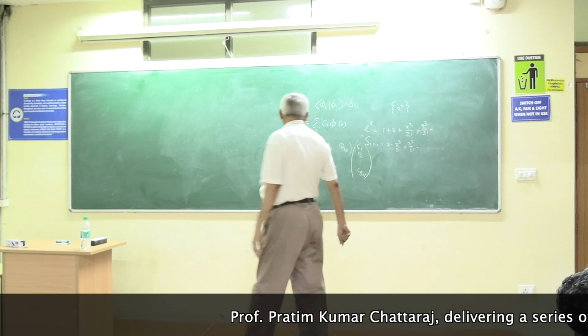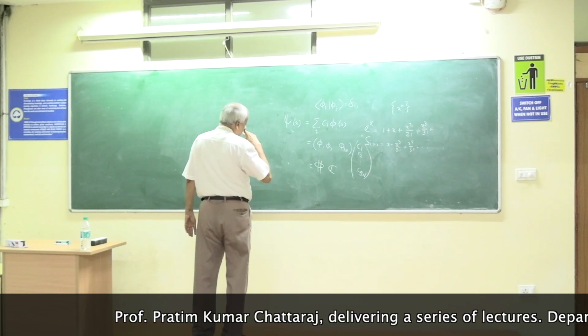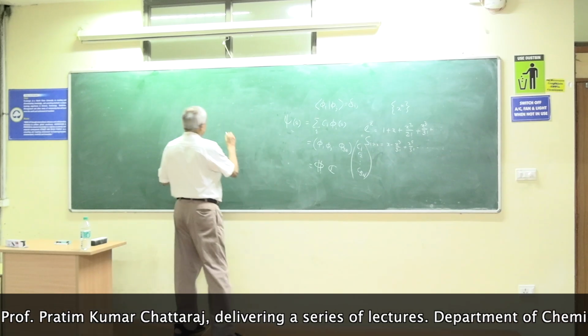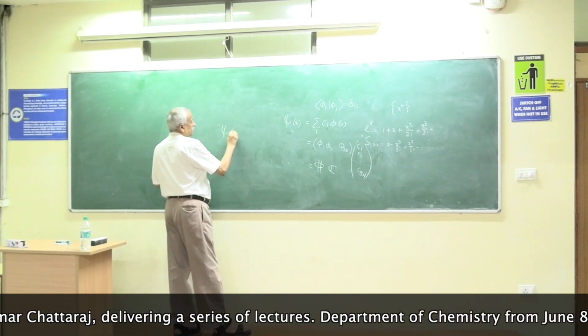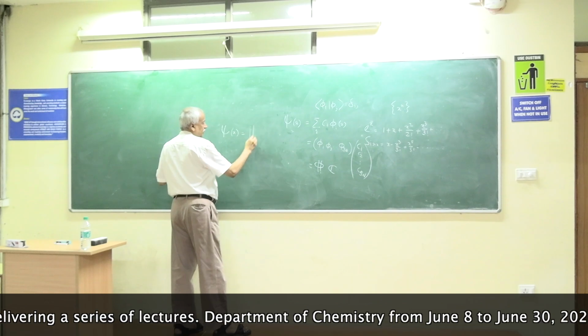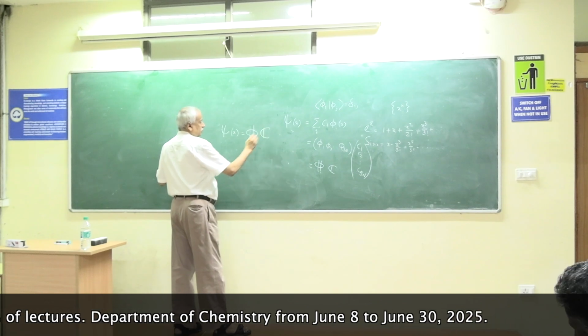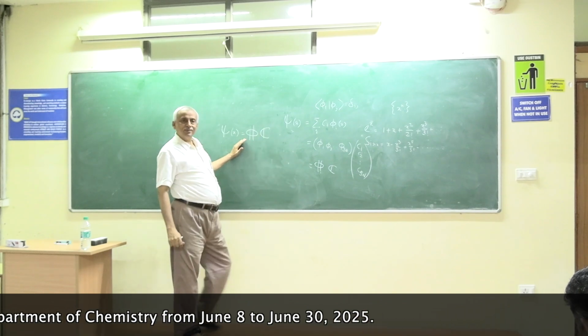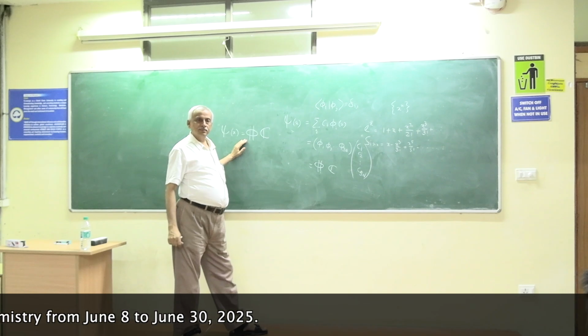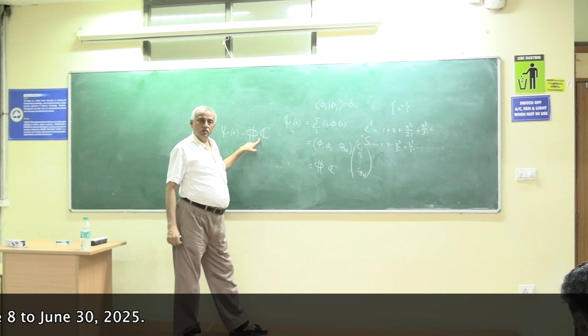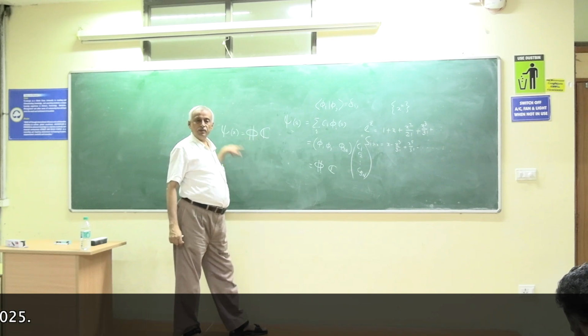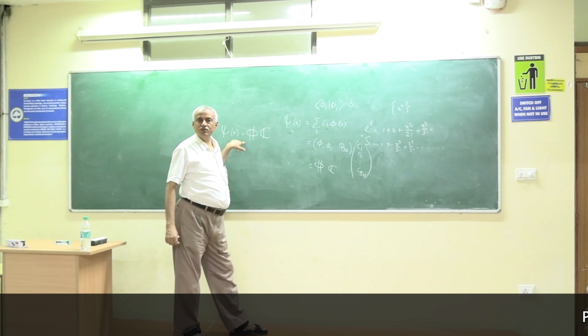Now, what you could show is that any arbitrary function phi x, if I know the basis, so you can see if you change the basis, this will change. For a given basis, different wave functions will have different c. This c is crucial, phi is not at all crucial.